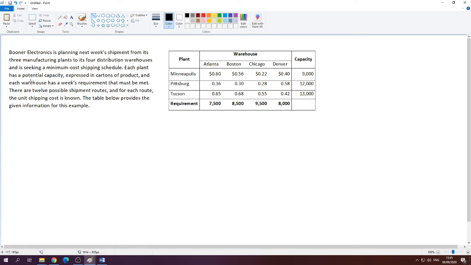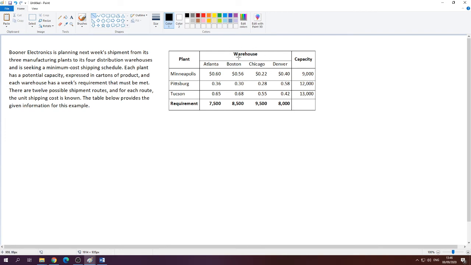Each plant has a potential capacity expressed in cartons of product. So this is the capacity of the plant in Minneapolis, 9,000 units, in Pittsburgh 12,000 units, and in the last plant it is 13,000 units. And then each warehouse has a week's requirement that must be met.